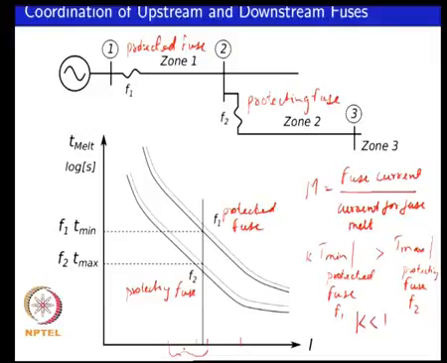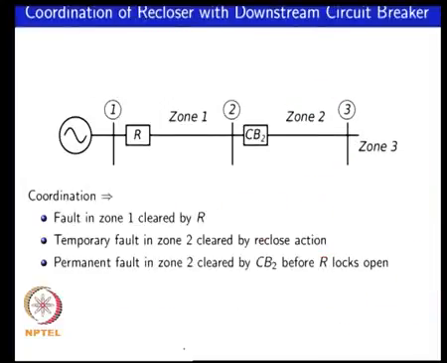So, next we will look at the case where you are trying to achieve coordination between say a recloser and a circuit breaker. Say you have an upstream recloser and then you have a circuit breaker downstream.